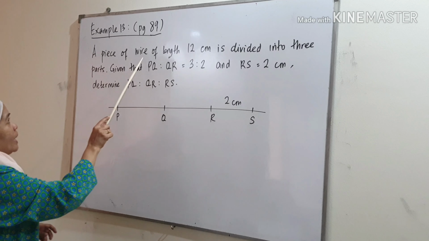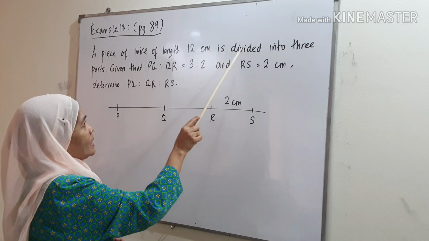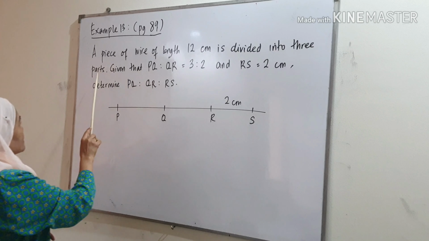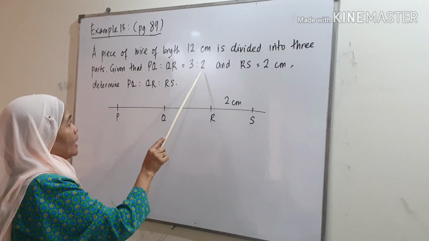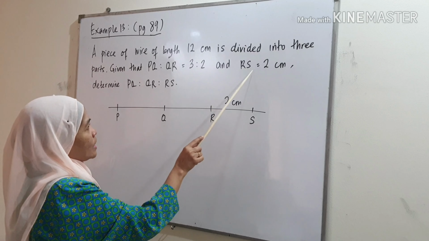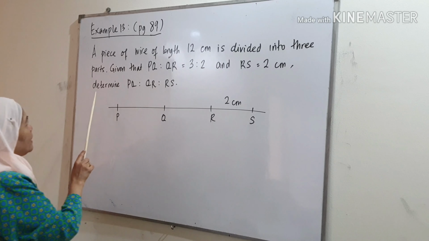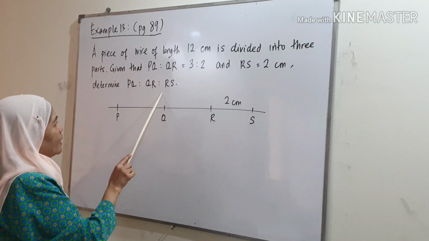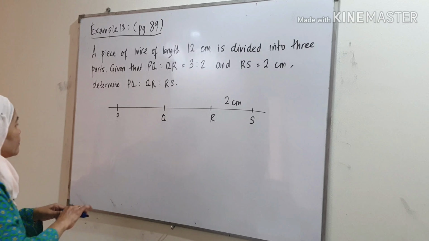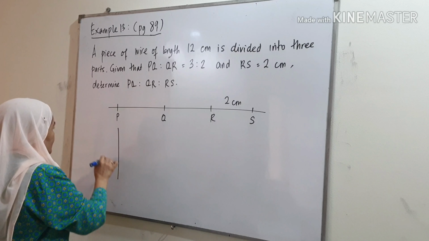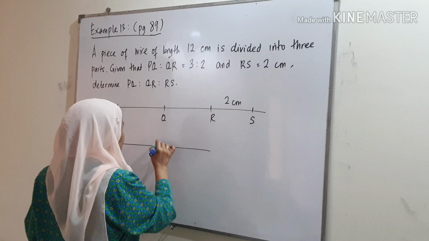Okay, a piece of wire of length 12 cm is divided into 3 parts. Given that PQ ratio QR equals 3:2 and RS equals 2 cm, determine PQ, QR, RS. Okay, this one, we do a table as usual.